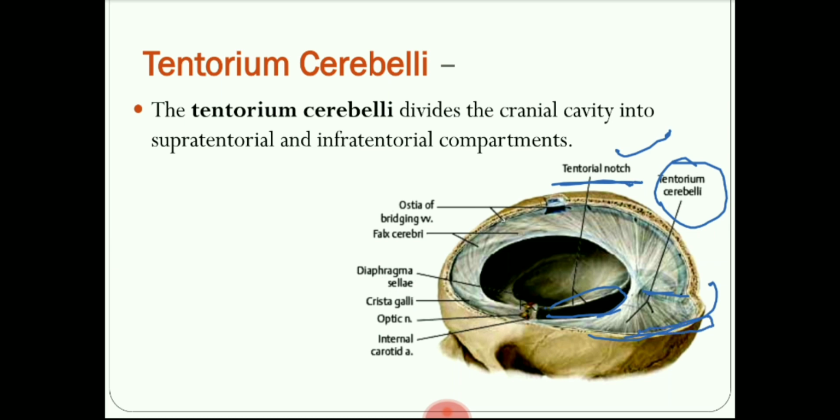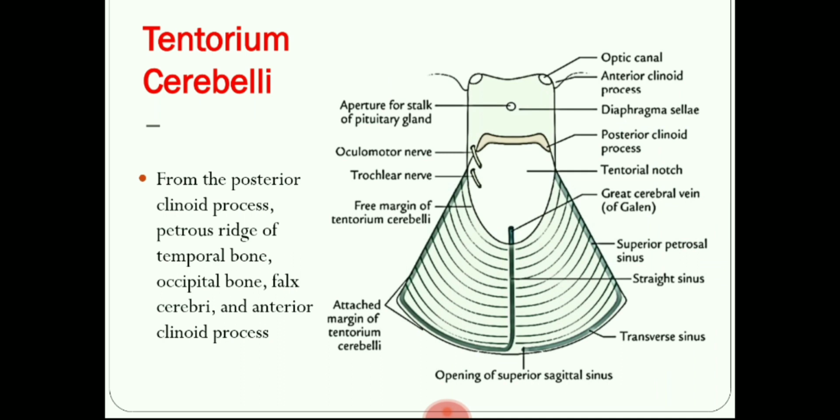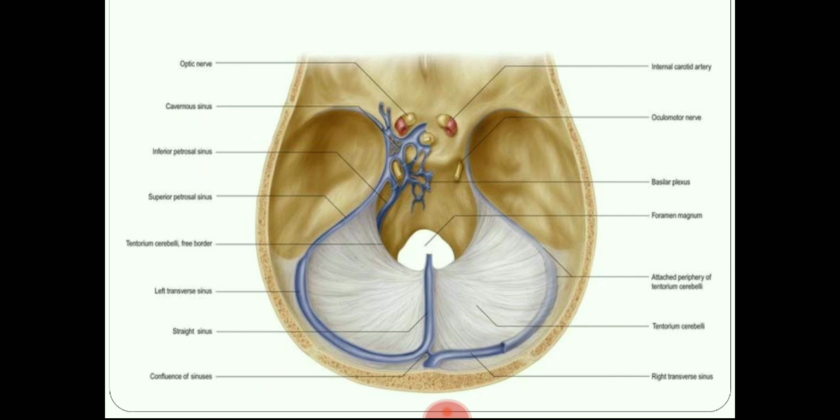Posteriorly, it is attached to the transverse groove along the occipital bone, and somewhat anterolaterally, it is attached to the upper margin of the petrous part of the temporal bone.